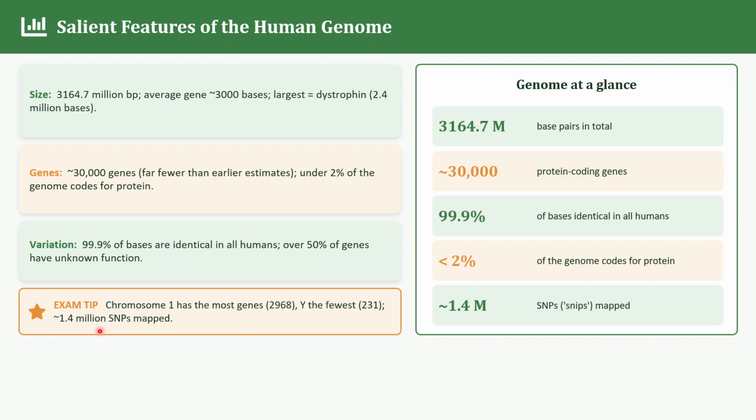SNPs are single nucleotide polymorphisms. These SNPs help scientists to identify disease-associated DNA regions, and also to study genetic differences and trace human history.